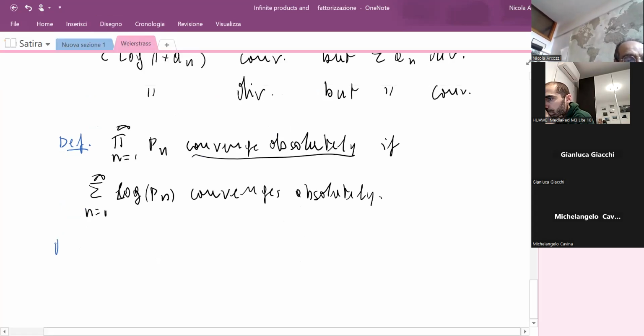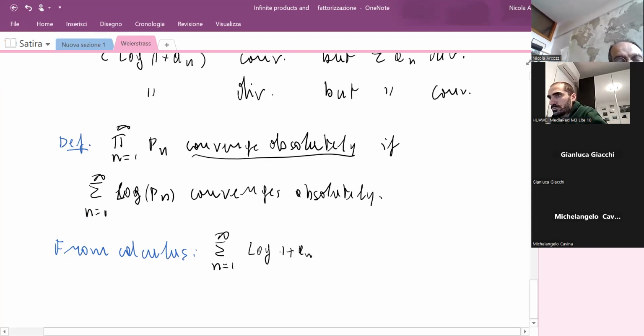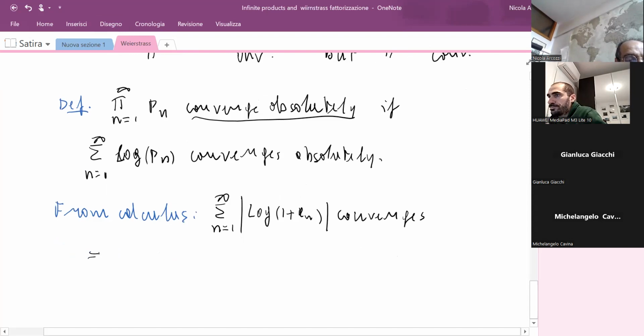And then from calculus, we have that the sum of log of 1 plus a_n, with the absolute value, converges absolutely if and only if the sum of a_n converges.